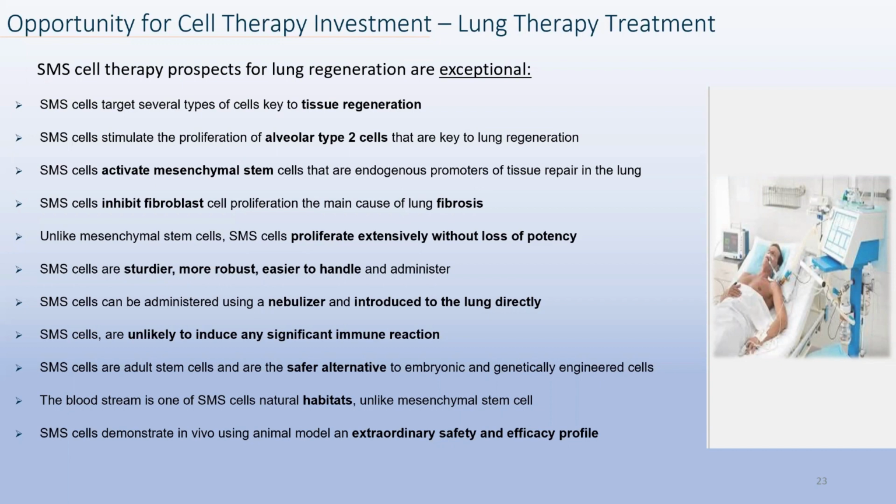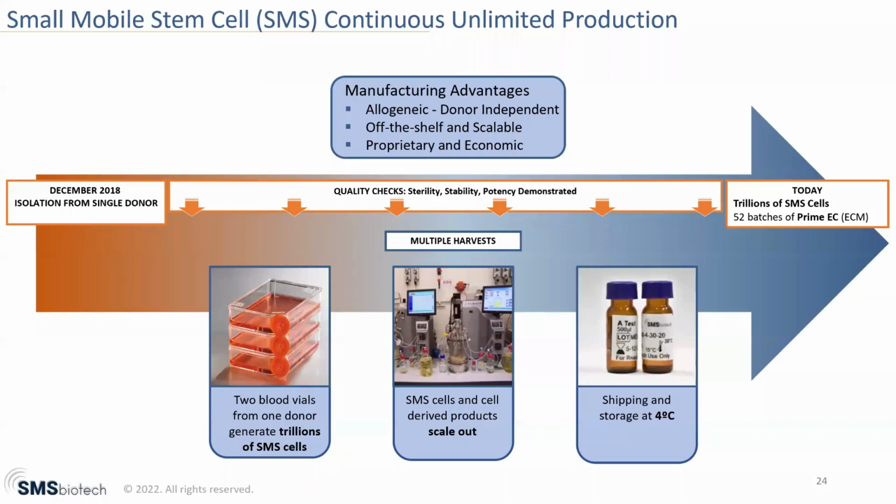SMS cells demonstrate in vivo, using animal model, an extraordinary safety and efficacy profile. So we have multiple manufacturing advantages associated with these cells, and because of that, we are going to end up providing an allogenic, off-the-shelf, highly scalable production.